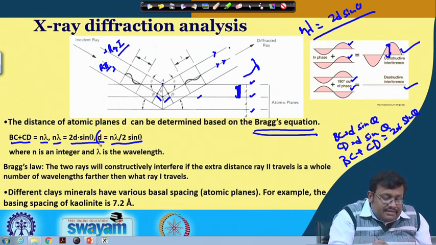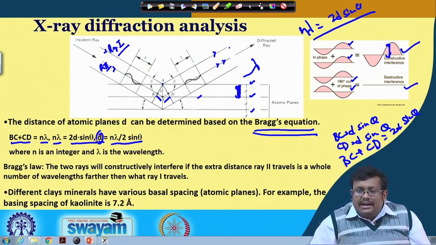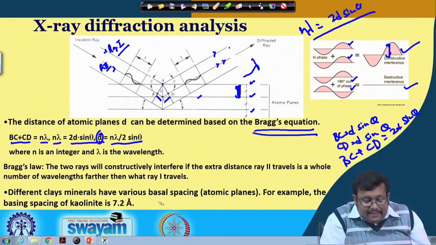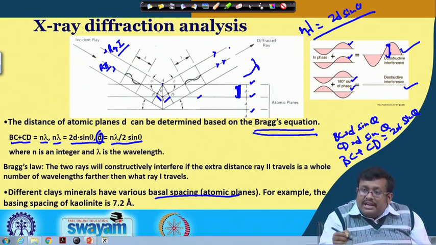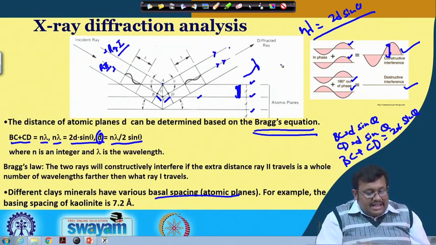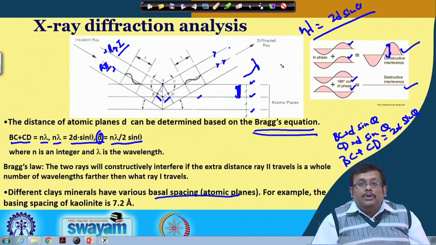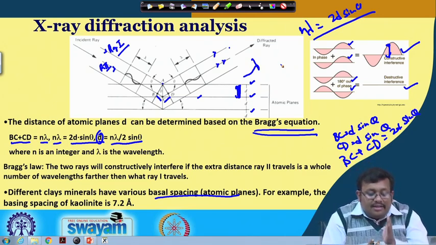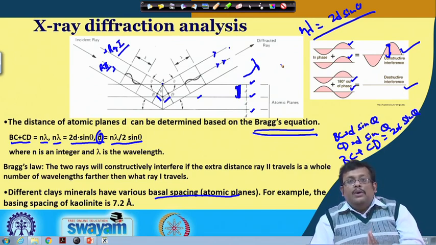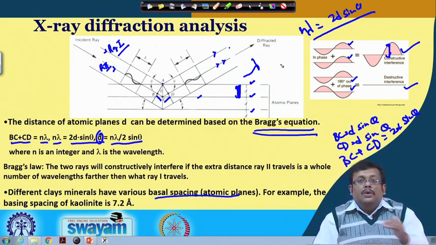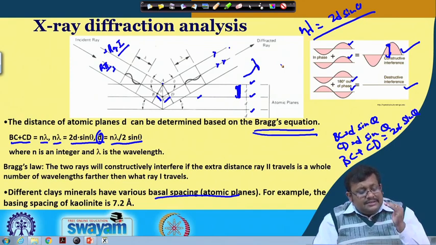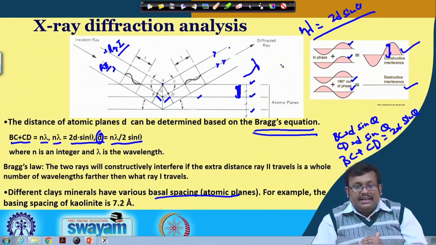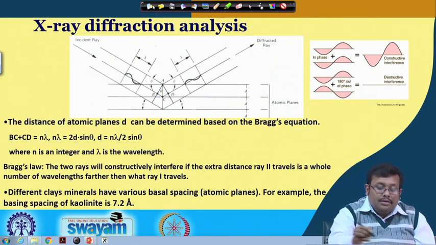Now, d will vary from one clay mineral to another, and different clay minerals have various basal spacings or atomic plane distances, in other words, d-axis spacing. For example, the basal spacing of kaolinite is 7.2 angstrom or 0.72 nanometer. Based on this principle, you can separate one clay mineral from another.